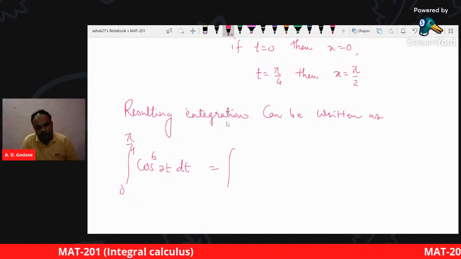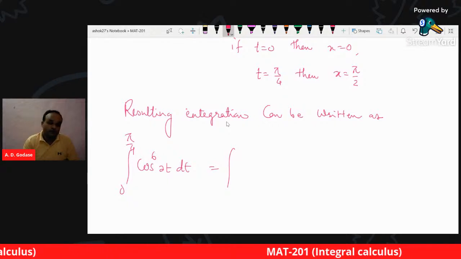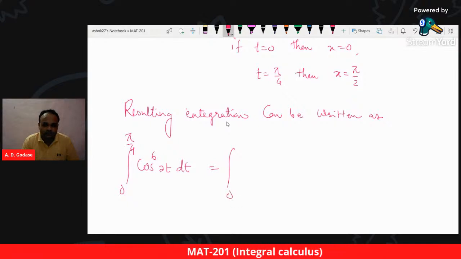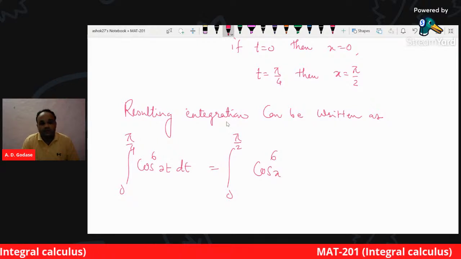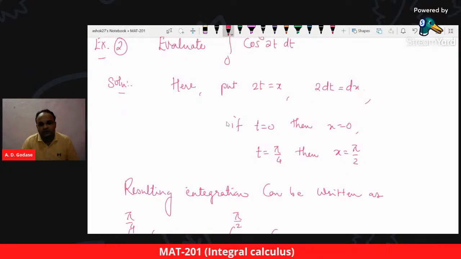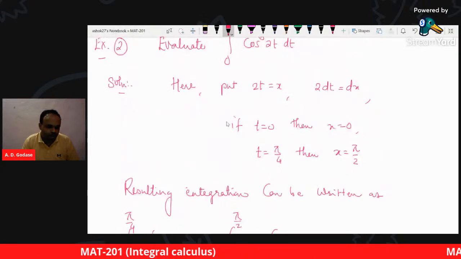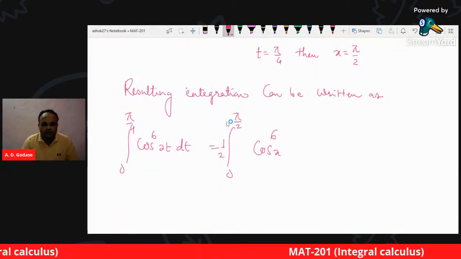So we are changing the variable of integration to x. It will be integration from 0 to pi by 2 of cos raised to 6 of x, and what is the value of dt? dt will be dx upon 2. So that half you can take outside of the integration, and that will be dx.